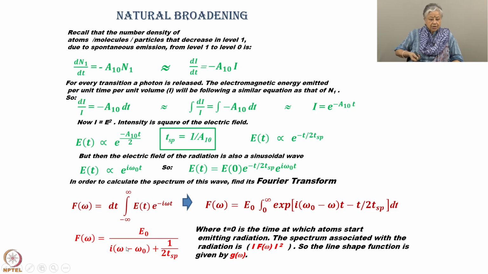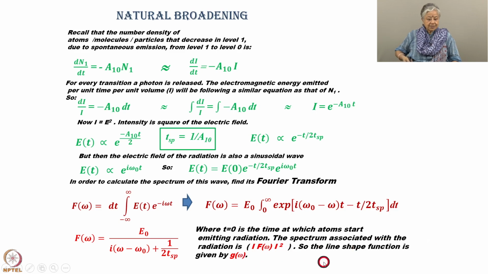But again this is an imaginary function, i comes in, we have to somehow get rid of the i. So, now the trick that is used is that the spectrum associated with this radiation that is coming out is F of omega mod square. So, the line shape function is given by g of omega.